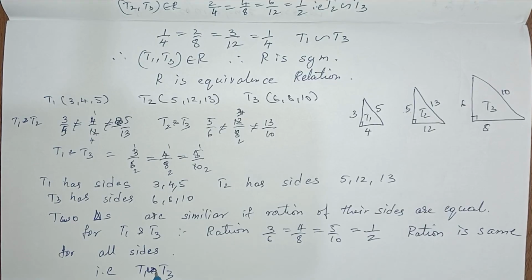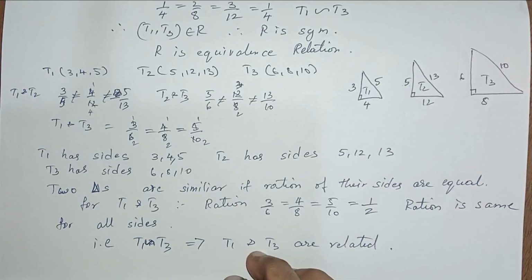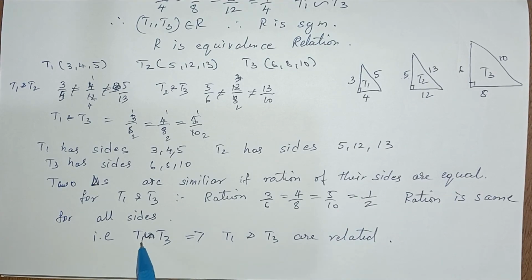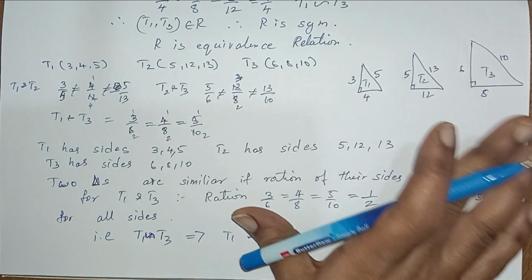That implies that T1 and T3 are related. So T1 is similar to T3. This is how we have to solve the second part of the question.